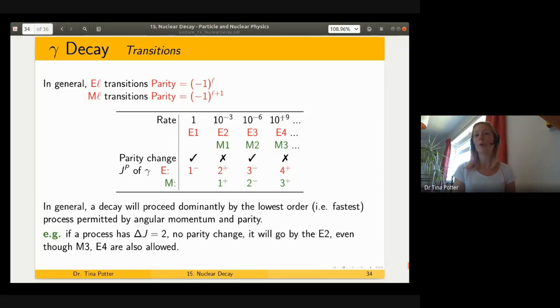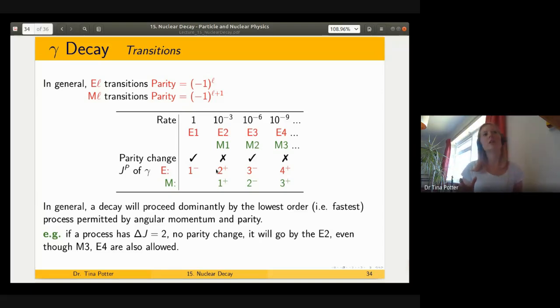And we can go on and on up here. So our magnetic transitions are offset by a factor of 1,000 with respect to our electric transitions. And they offset nicely with parity changes as well, whereas E2 and M1 offer no parity change together, but the spin parity of the photon emitted is different.